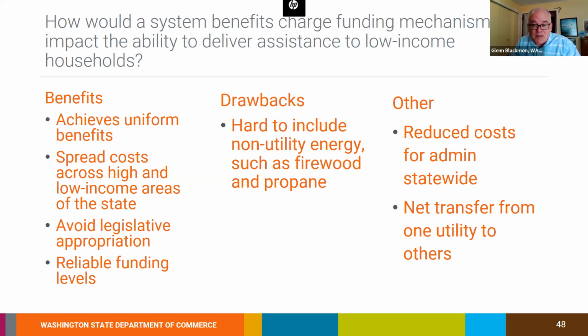And at least for some utilities, that is a consideration or maybe even a drawback to this mechanism. It's one that I think we should acknowledge, and I think it's an inherent element of this. Essentially, it's intended to provide that transfer because that's how it spreads the costs between the high-cost and low-cost, the high-income and the low-income areas of the state. So that is the recap on the system benefits charge, and your comments and questions are welcome.